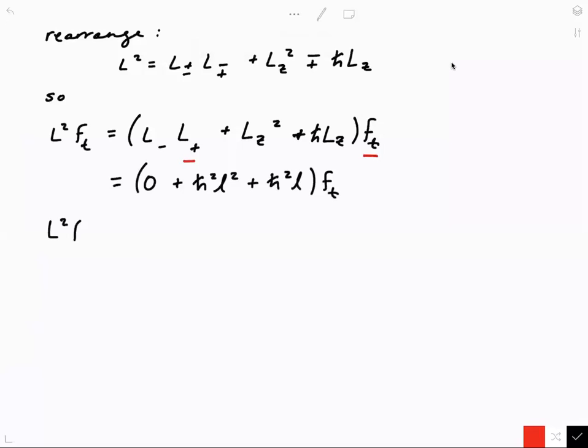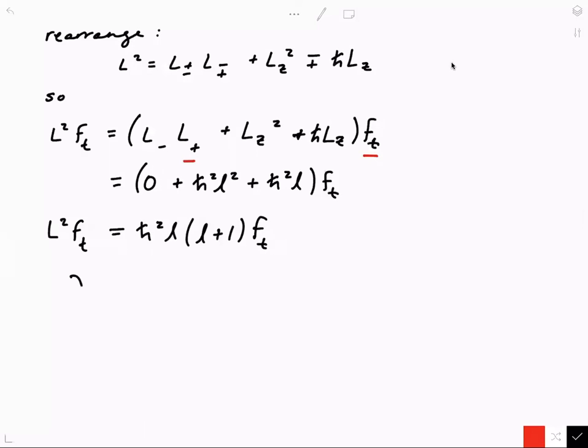That leads me to my angular momentum squared operating on my top rung eigenfunction, giving h bar squared L times L plus 1 on ft. So what does that say?